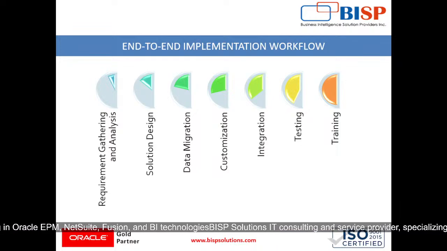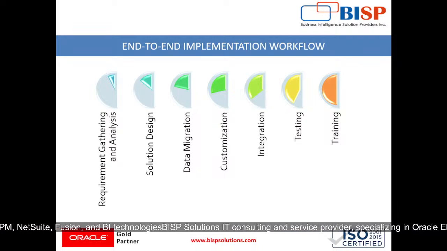So in that, first is requirement gathering. Requirement gathering is to identify business needs and map them to NetSuite modules. Then solution designing, which means configuring modules to meet specific business requirements.